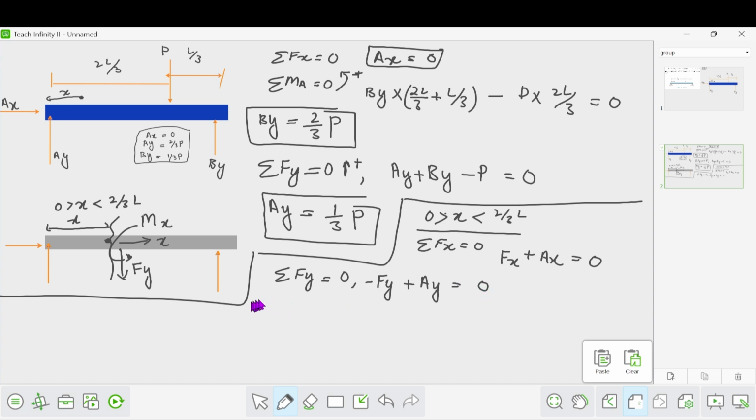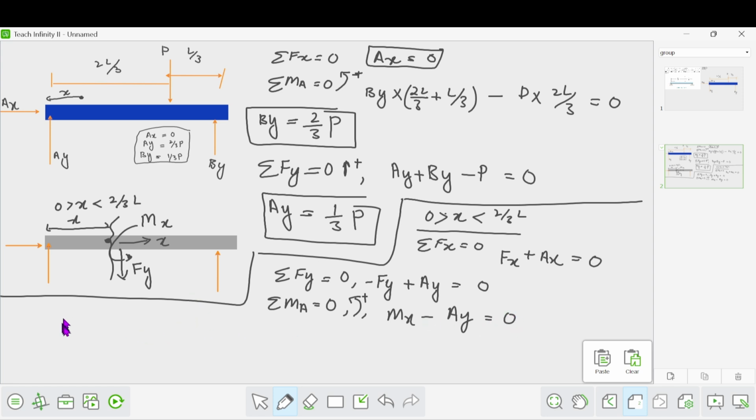And also summation of moments at point A equal to 0. The force which rotates the beam anticlockwise will be taken as positive. So negative Mx, this Ay force which is clockwise, equal to 0.